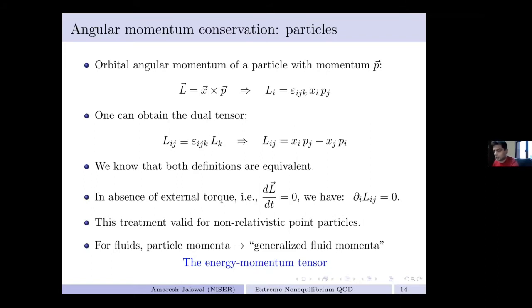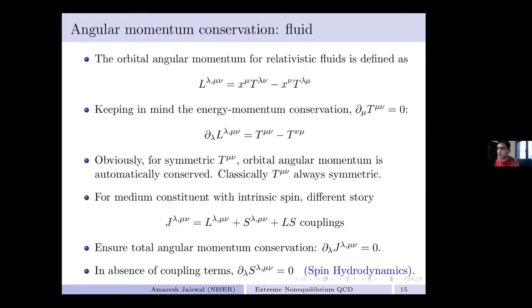Okay, so how do we generalize to fluid momenta? Instead of the momenta of the point particle in this definition, we need to use generalized fluid momenta. The only generalized fluid momenta that we know is the energy momentum tensor. So this is how one can obtain the orbital angular momentum for relativistic fluids. This is how it is defined.